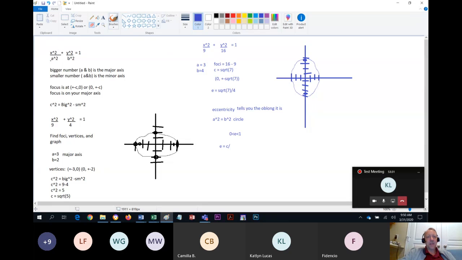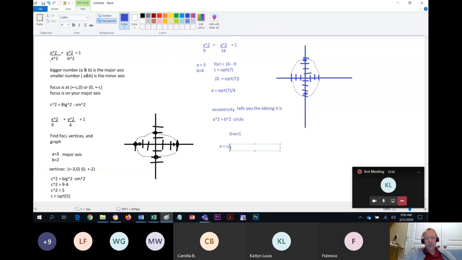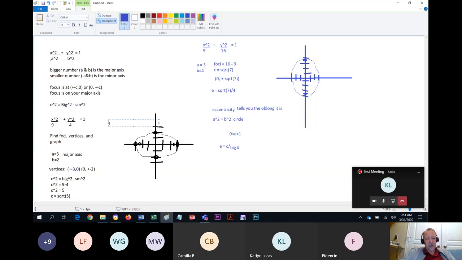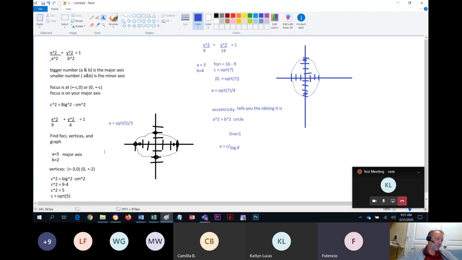The book has A, but I'm going to say it's whatever the big number is. Big number. Okay. So this one's eccentric in the y direction. This one's eccentric in the x direction. And so it's going to be C divided by whichever is the big number. Does that make sense? Mm-hmm. So in this case, your eccentricity would equal the square root of 5 divided by 3. Okay.